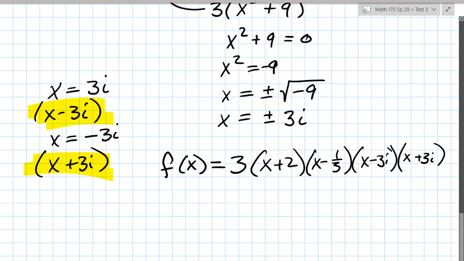So there's our polynomial factored. If the question was find the zeros, then we could just list the zeros: -2, 1/3, 3i, -3i.